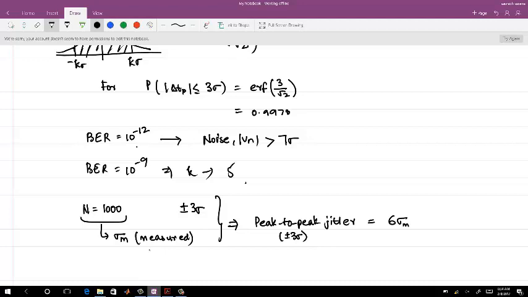But surely this will have some error, because we didn't measure the real sigma yet. We just have a certain value of sigma that we measure.